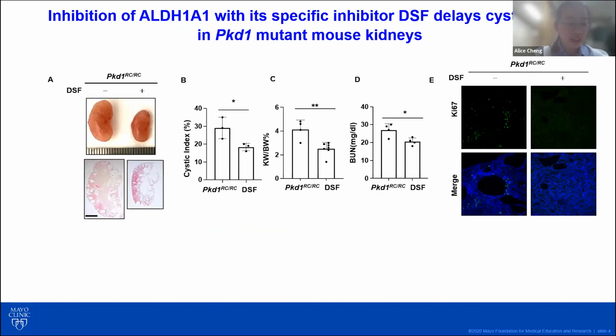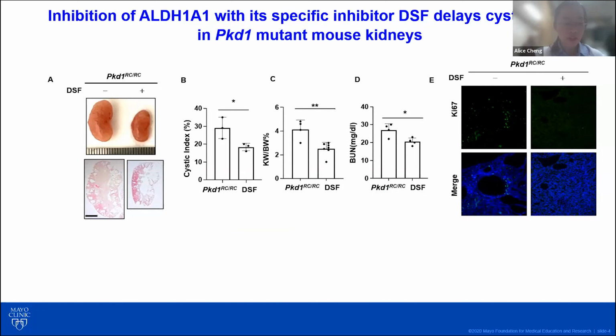Importantly, we found that inhibition of ALDH1A1 with its specific inhibitor DSF delays cyst growth in PKD1 mutant mouse kidneys as seen by decreased cyst index, kidney weight to body weight ratio, and immune levels. This treatment with DSF can also delay cyst growth in an early stage ADPKD mouse model.